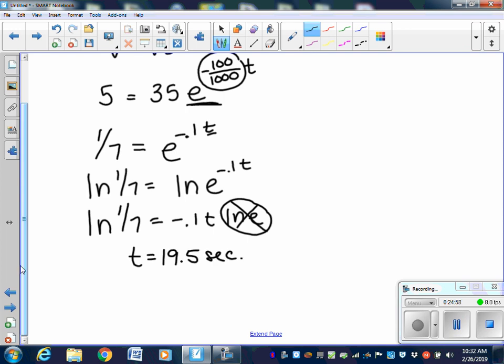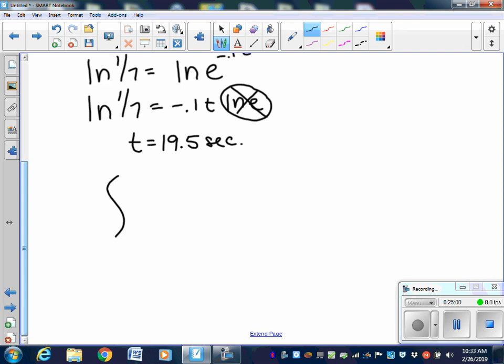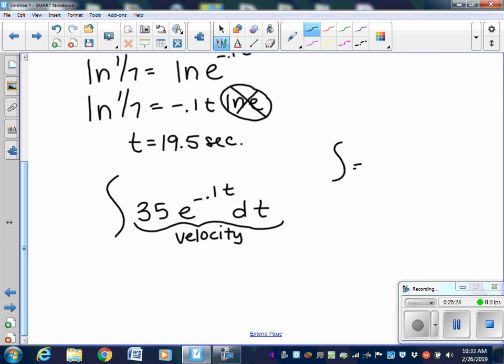And the last one: how long will it take to coast from coast to a complete stop? The integral of 35e to the negative 0.1 t, and then don't forget your little dt at the end, showing me that this is the velocity that they gave us at the beginning. If they're asking you how far it will go, when you integrate, it says to find the area.